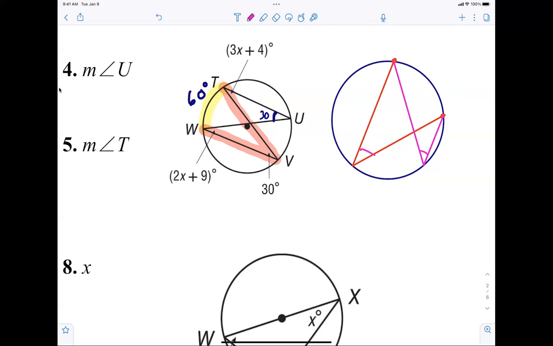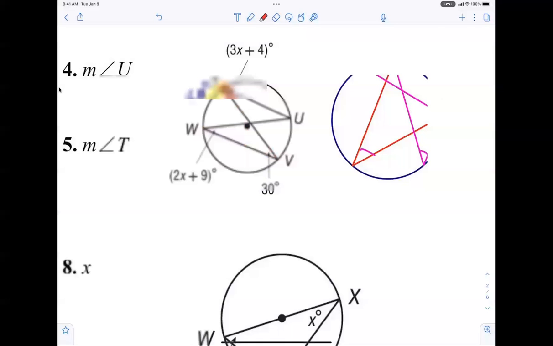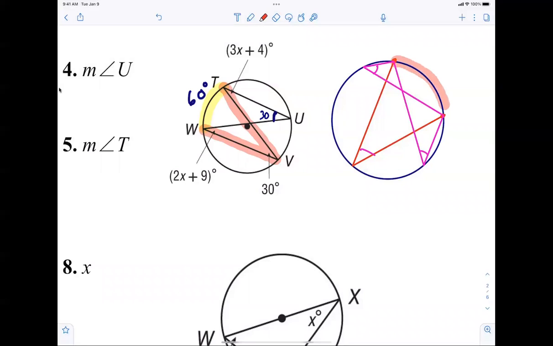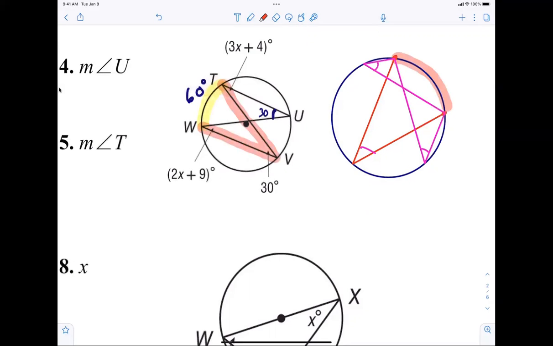So if they're the same arc, then they must be the same angle, which was really cool to me at first because it just didn't seem like that was true, right? No matter how close I get or how far away I get, those angles are all the same because they intercept the same arc. This is the arc that they're all intercepting. Sorry, guys. So all three of those angles are now what? Congruent. So we now know that those are 30.